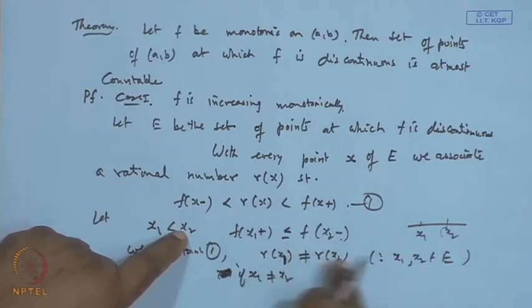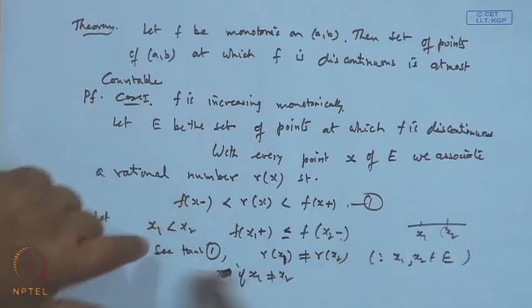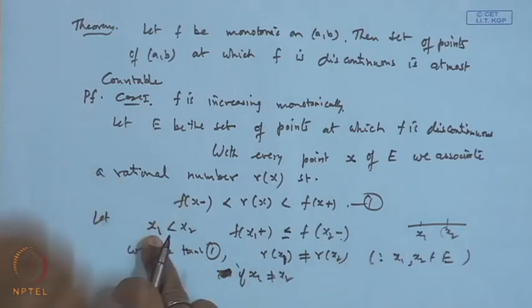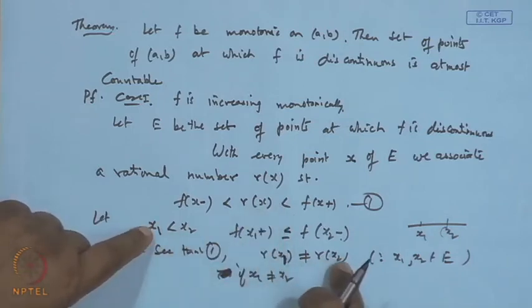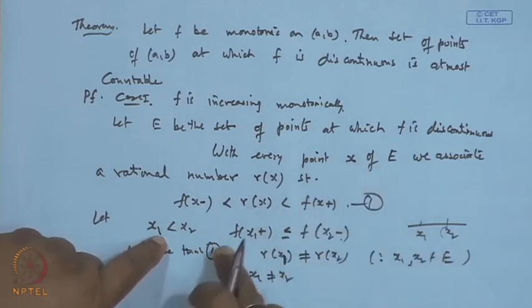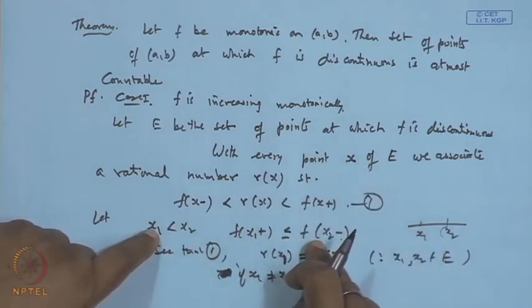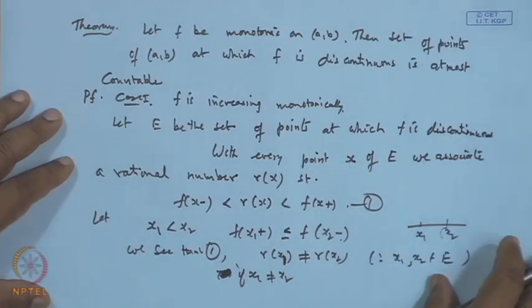It means that corresponding to each point x1 there is a rational number, and vice versa. If rational numbers satisfy this condition, then we can identify the points at which the lower limit and the upper limit do not coincide, that is, points of discontinuity. So, there is a 1-to-1 correspondence.